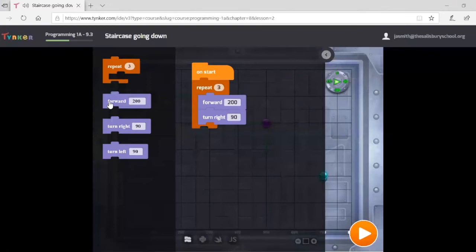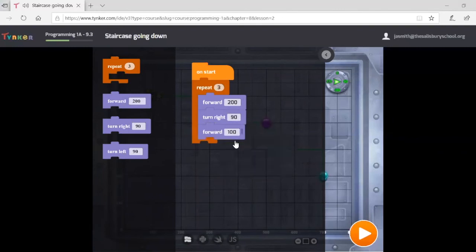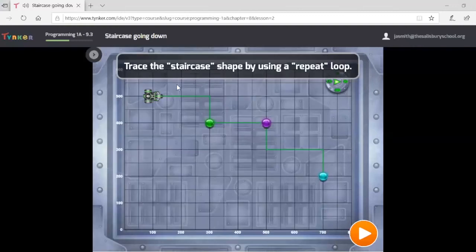So here we go. Forward. And what do we have to do with this? We have to change it to 100. Okay, so let's see where we are now. So we went forward 200, then we turned right. We went forward 100.